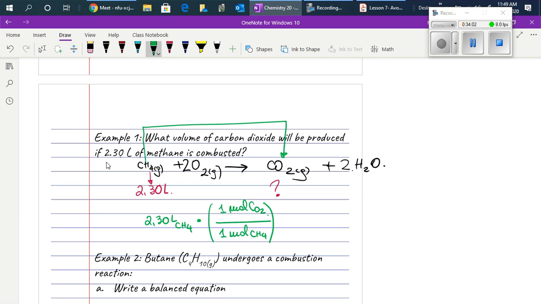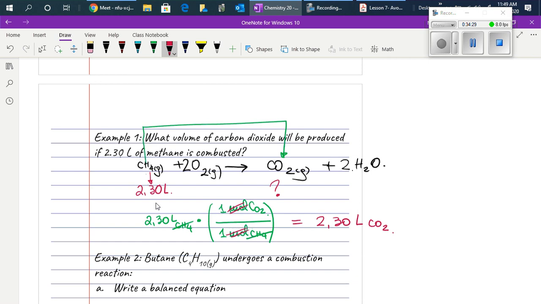The liters of methane will cancel out, and the moles will cancel out. Since they are in direct proportion, what you are ending up with is 2.30 liters of carbon dioxide.